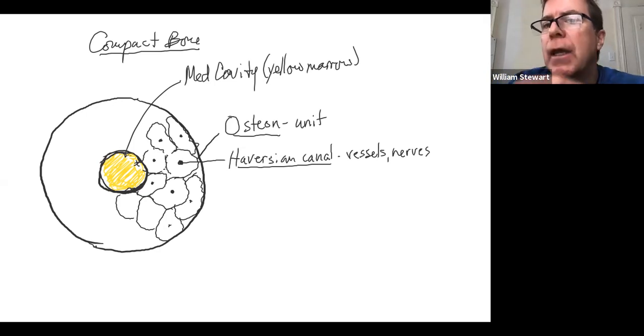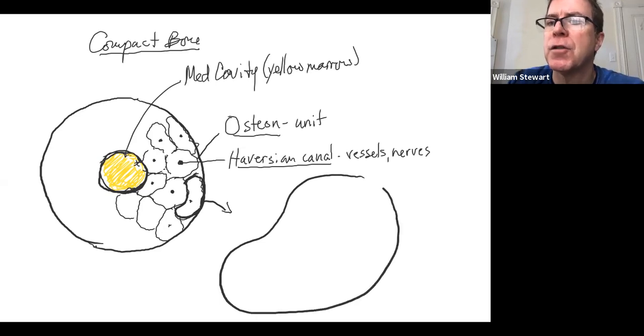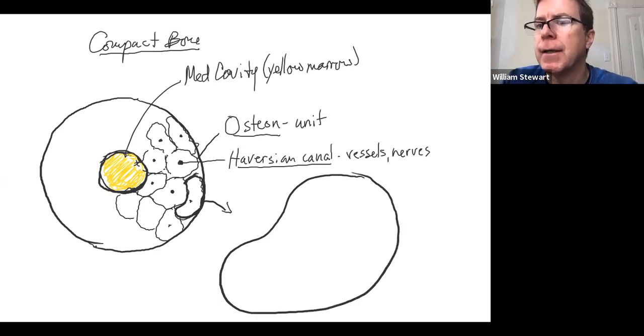Now I'm going to magnify one of those osteon units, this osteon right here. It's not a bone, it's just one bone growth unit, an osteon. In the center of it, there's the haversian or central canal.